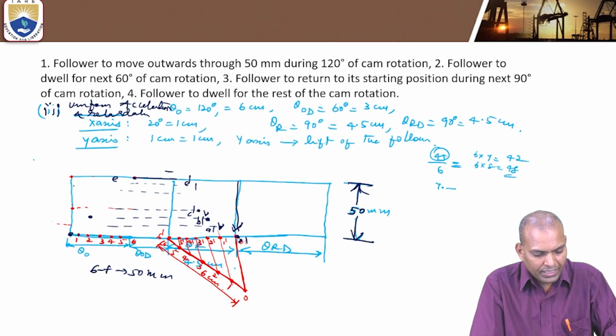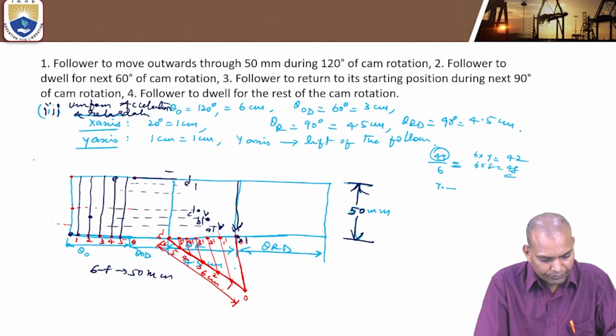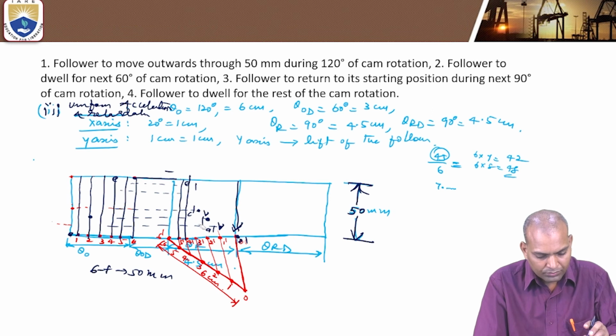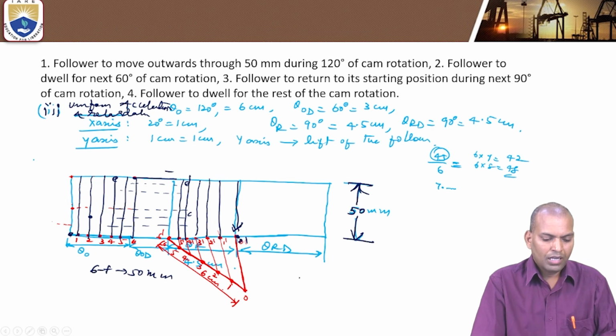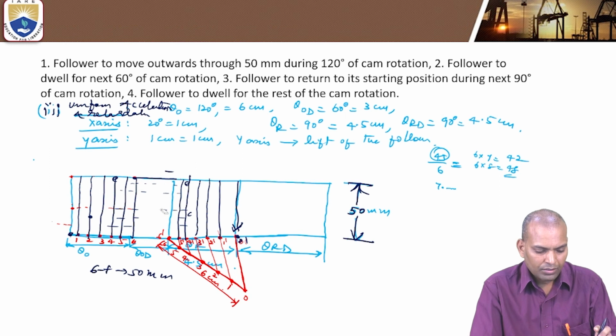Now, by joining these vertical lines, join the vertical lines 1, 2, 3, 4, 5, and it is 6. Similarly, the outstroke also divide into equal number of parts. Now, during the motion, it is uniform acceleration retardation.